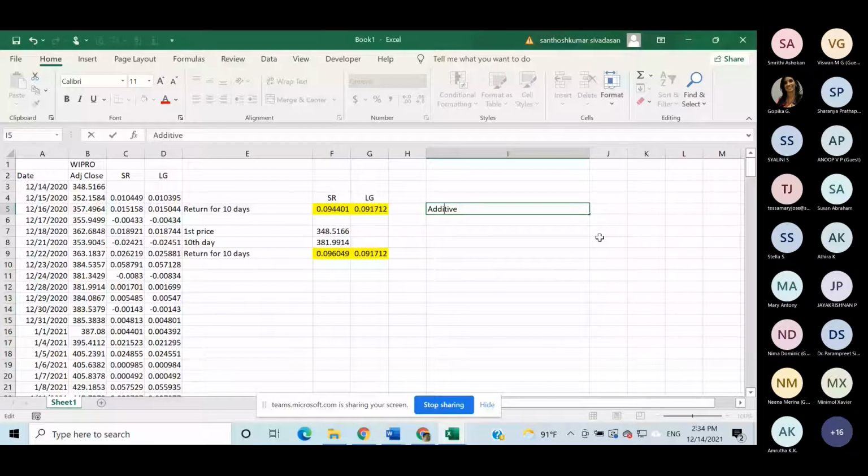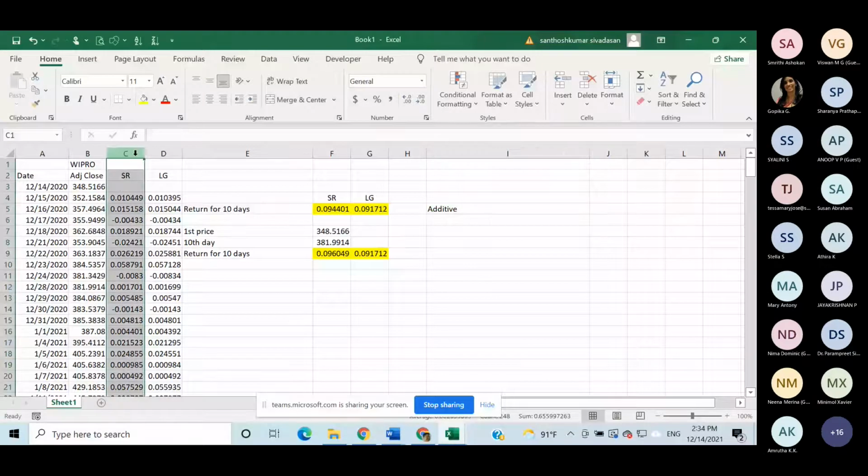Another one is when you come here, you have a distribution of simple return, and also a distribution of log return. When you check which distribution is closer to the normality assumptions, you can see that the log returns are closer to meeting the normality assumptions.